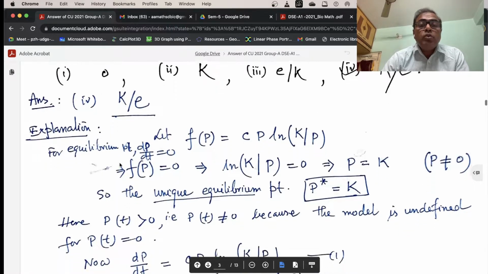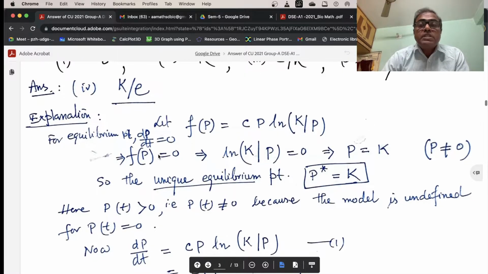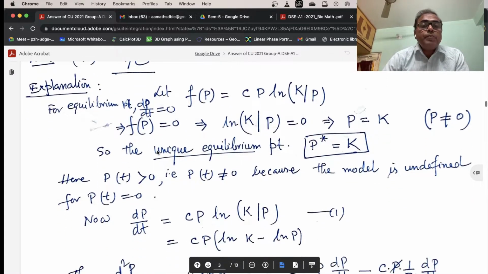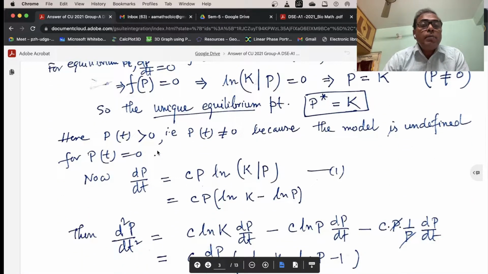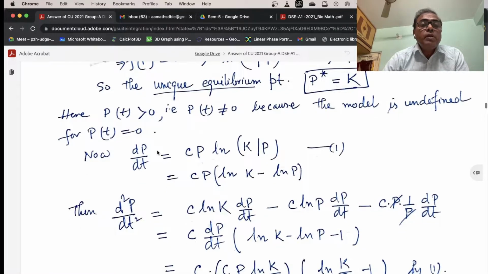So the unique equilibrium point is P* = K. Here P is greater than 0, because the model is undefined for P = 0.